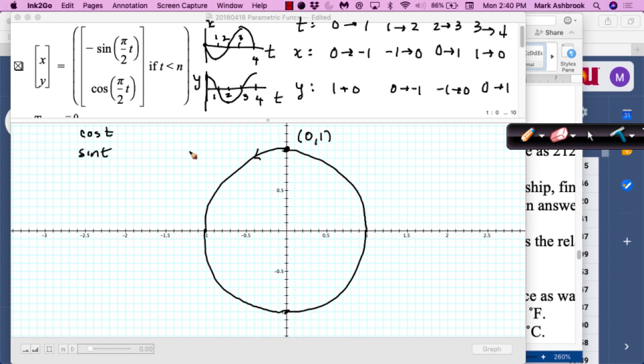What range of t do I need to get all the way around here? T needs to go from 0 to 2 pi. What range of t do I need to get all the way around here? 0 to 4. So it's a rate of change issue again, right? The rate of change of x and y with respect to t here is greater. So we're going to make it around the circle for a lower range of t than we did for the standard one.